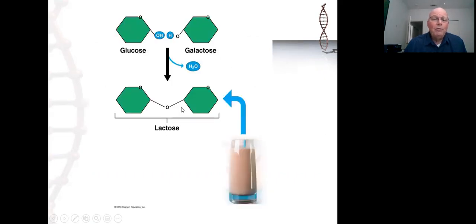So here's how we would draw a simple glycosidic linkage. This is forming lactose, the milk sugar. Again, it's a dehydration reaction. So we remove a hydroxyl group and a hydrogen group. That gives us the water. This is a dehydration.